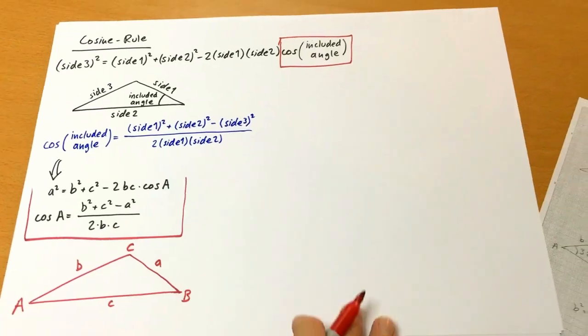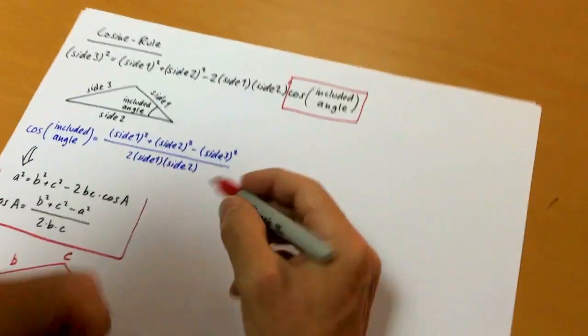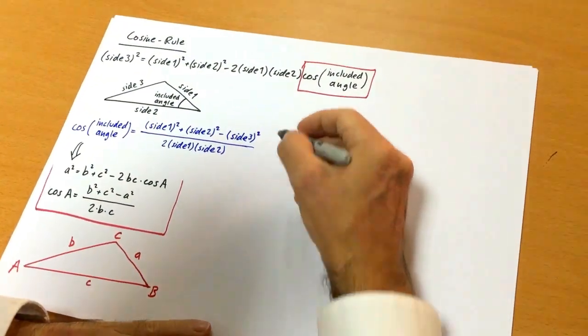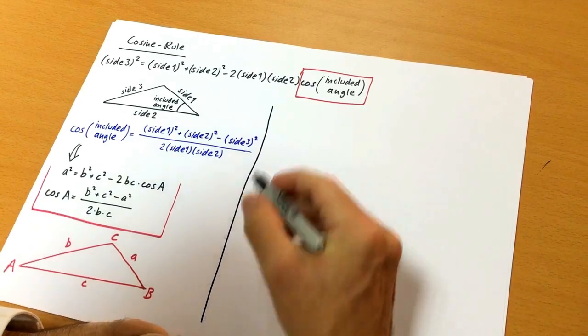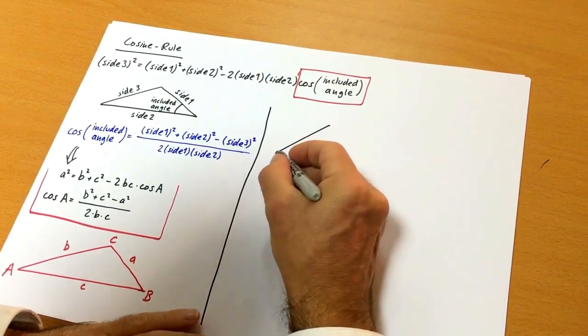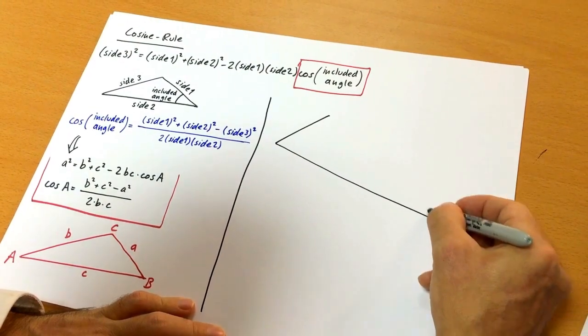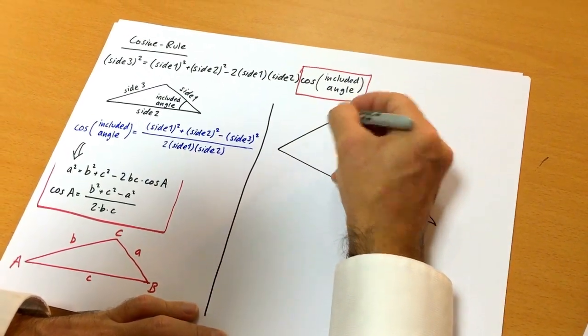So let's try to solve a problem using the cosine rule and see how it can help us. So I'm going to make a drawing of a triangle here. Let's put the vertical bar here. So let's say that I have a triangle that looks something like this.